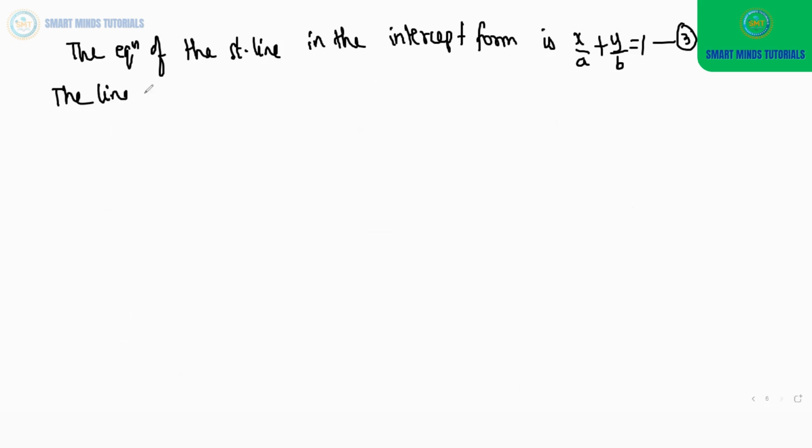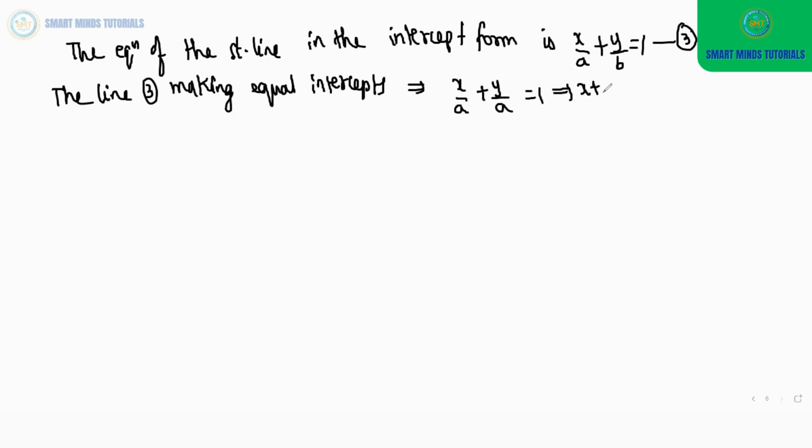Now the line 3 is making equal intercepts. Whenever it is making equal intercepts, that means a and b are equal. So I can replace b with a. So we get x plus y is equal to a. Let's say this is equation number 4.